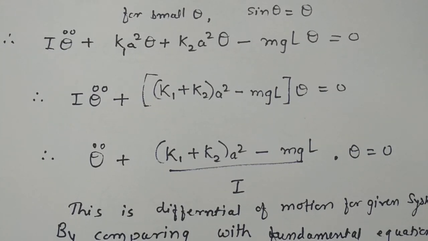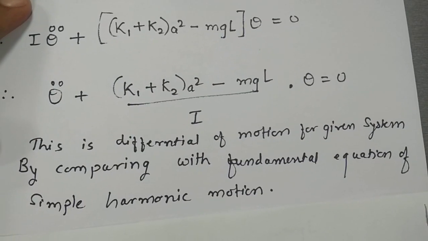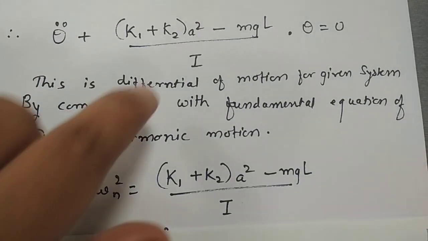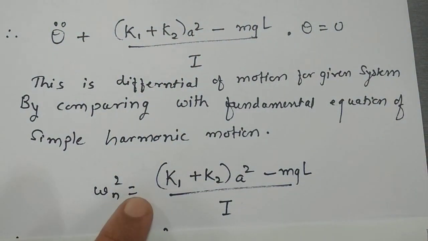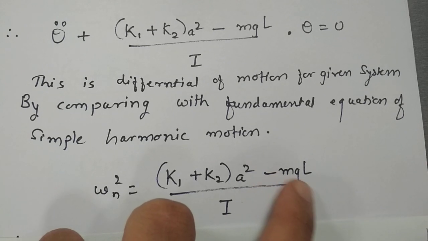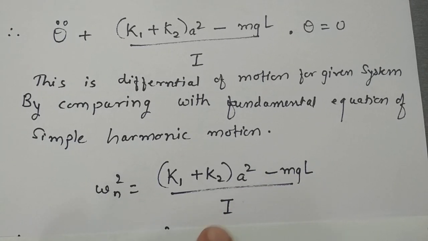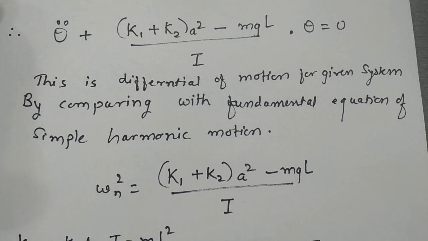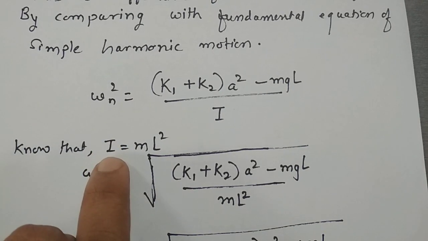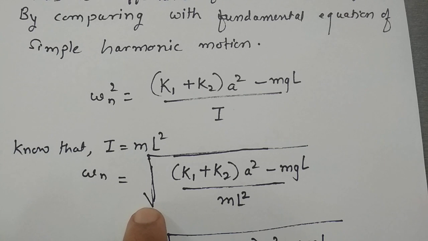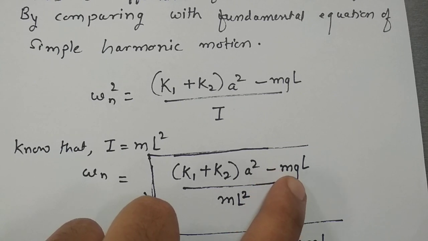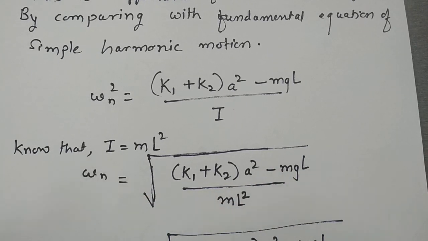By comparing with the fundamental equation of SHM, simple harmonic motion, we can write omega n square is equal to ((k1 plus k2) a square minus mgL) divided by I. Take the square root, and we know that for a pendulum I is equal to mL square, so omega n is the square root of ((k1 plus k2) a square minus mgL) divided by mL square.